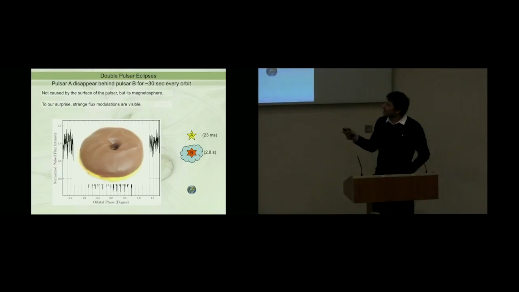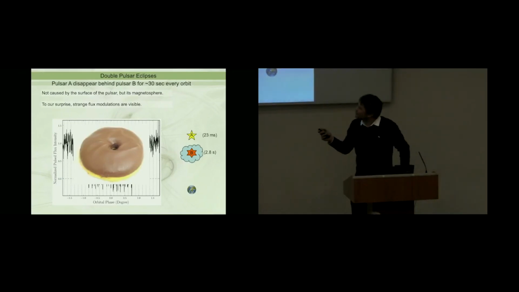Well, actually, in North America, we quite like donuts that are filled with custard. I know it's not so popular here, but you still have filled donuts, right? But also, some donuts are hollow, right? Have a little hole, and the magnetosphere of a pulsar looks like one of these hollow donuts.